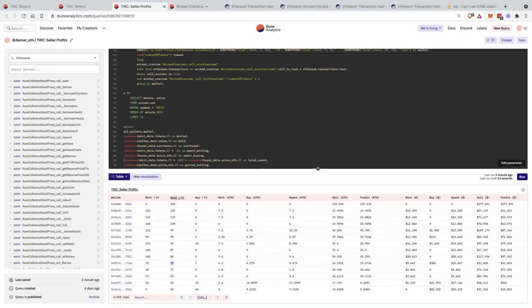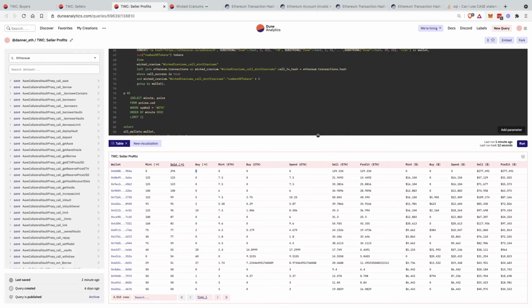So this account sold 294. It didn't mint any, didn't buy any. I talked a little bit about what's going on with this account on my Twitter. I'm probably going to leave this for a separate exercise. I might dive into it in a minute, but basically this account had a ton of Wicked Craniums transferred to it.